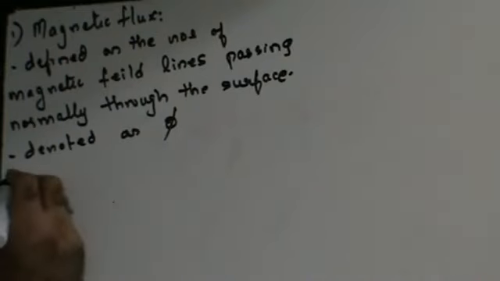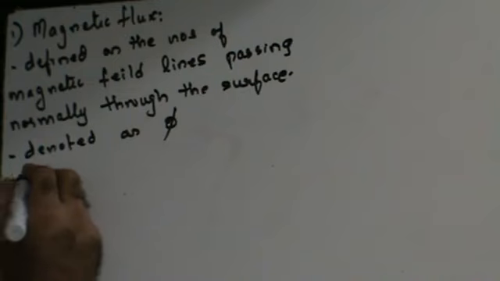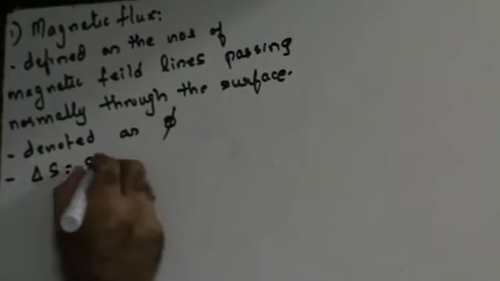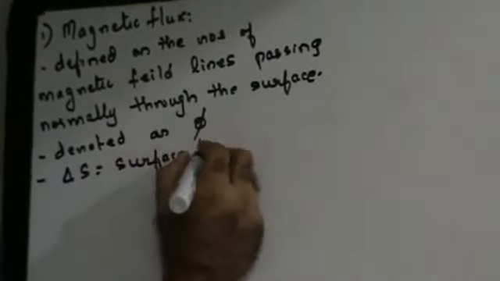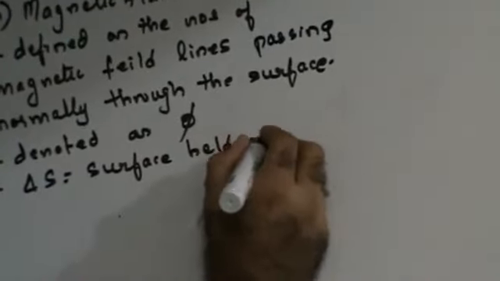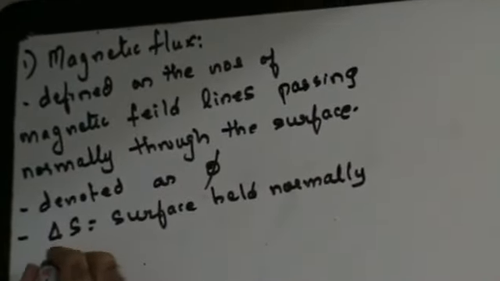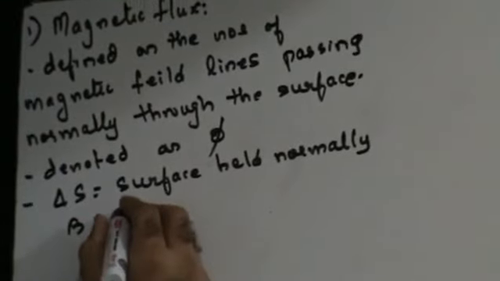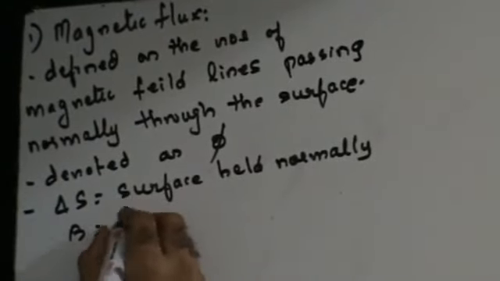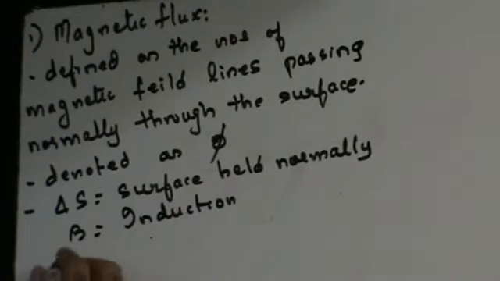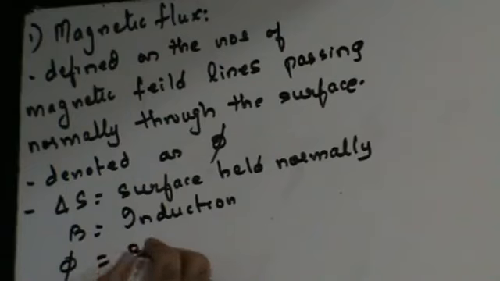Now let's assume that if delta S is the surface held normally and B is the magnetic induction, then magnetic flux is given by the formula B dot delta S, B vector dot delta S vector.